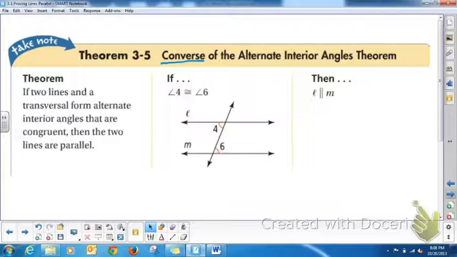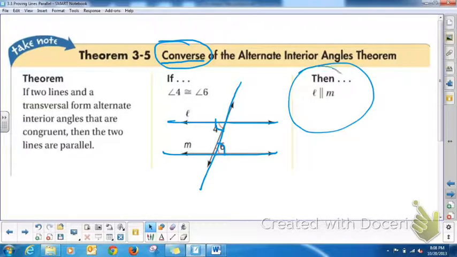You'll remember from last section, that said, if two parallel lines are cut by a transversal, then the alternate interior angles are congruent. Well, the converse states, if two lines are cut by a transversal so that their alternate interior angles are congruent, then the lines are parallel. So write this down.